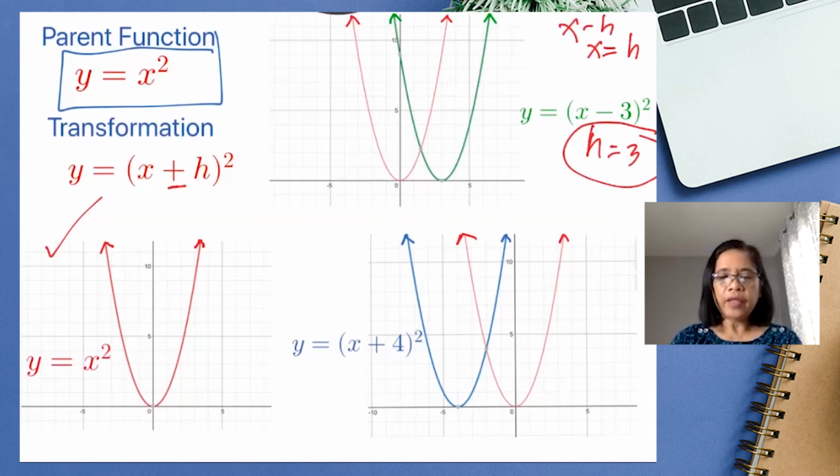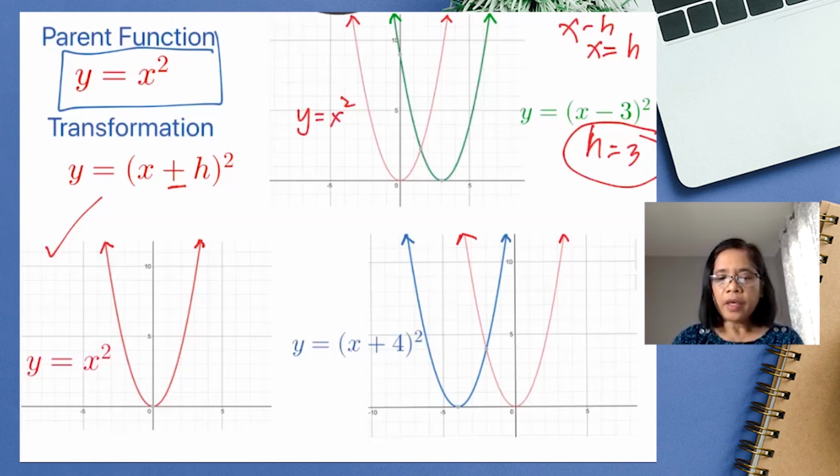So look at the red graph. The red graph is y is equal to x squared. When we change this now to x minus 3, the quantity squared, the graph is shifted 3 units to the right.